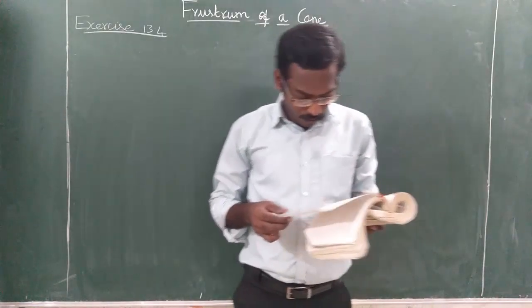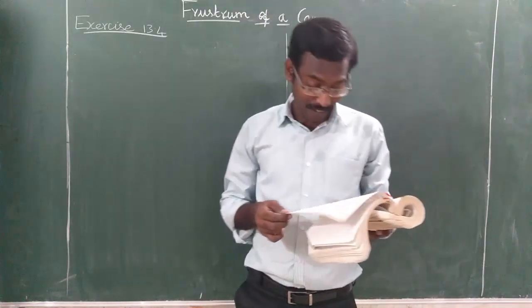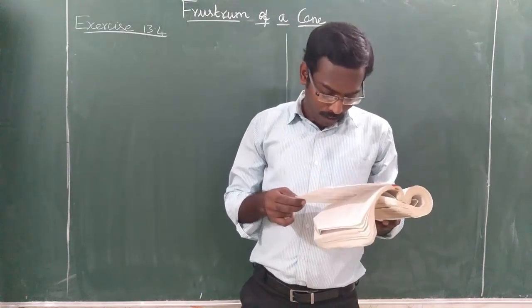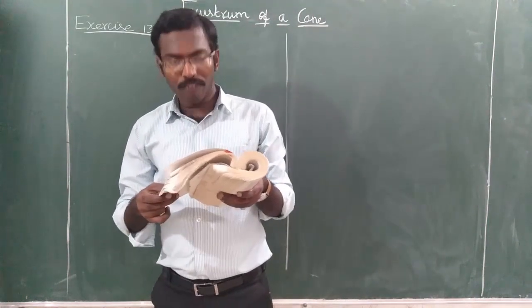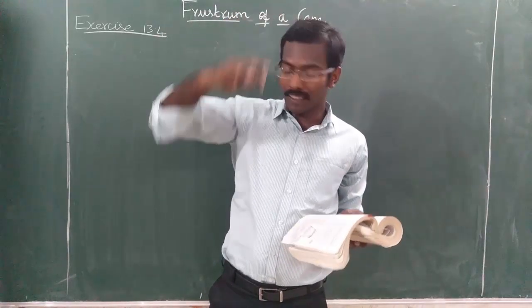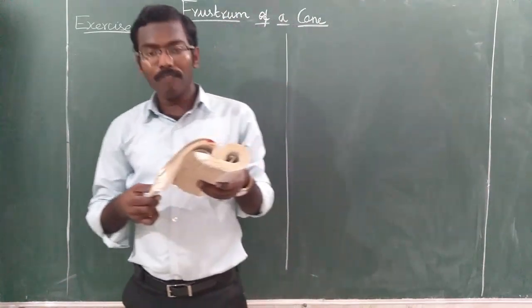Children, now let us look at the fourth sum. Very important sum, and it's a big sum too. Let me read it. A container open at the top and made of a metal sheet.